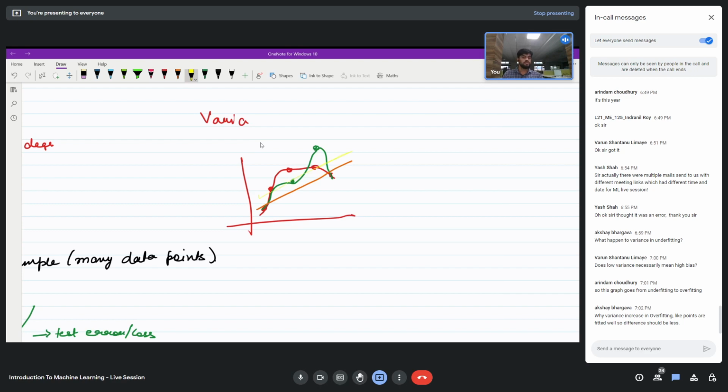So the difference over here is very less when compared to when you are fitting very tightly. So this is what I mean by variance. So it is overfitting. When you are varying even a single data point, then your function is fluctuating a lot. This is what I mean by high variance. If you are moving even one data point, then the function that you are getting is changing a lot. This is what is meant by high variance.